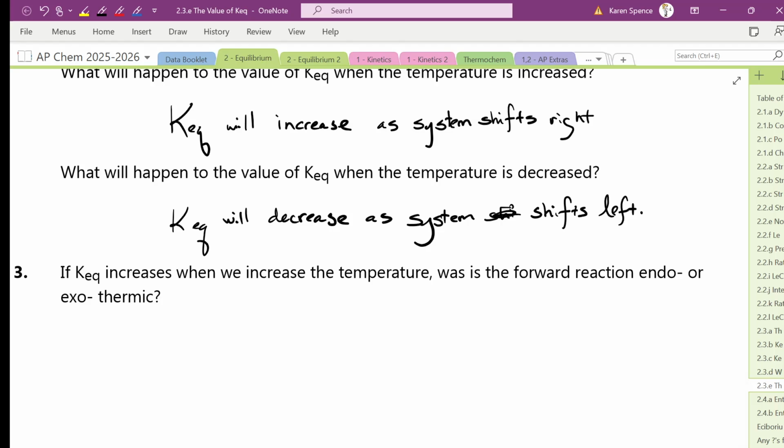For number 2, did you get increase, decrease? Thank you all for answering. I appreciate it. It's awesome. It's fantastic. Feel free to carry on to number 3. Number 3 is asking the question in a different way.